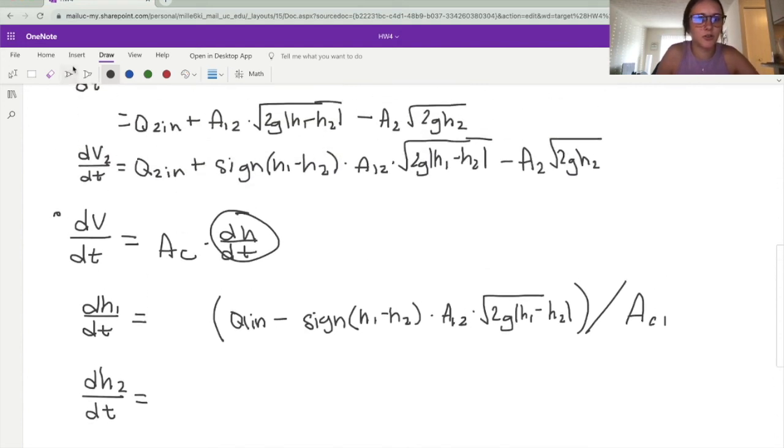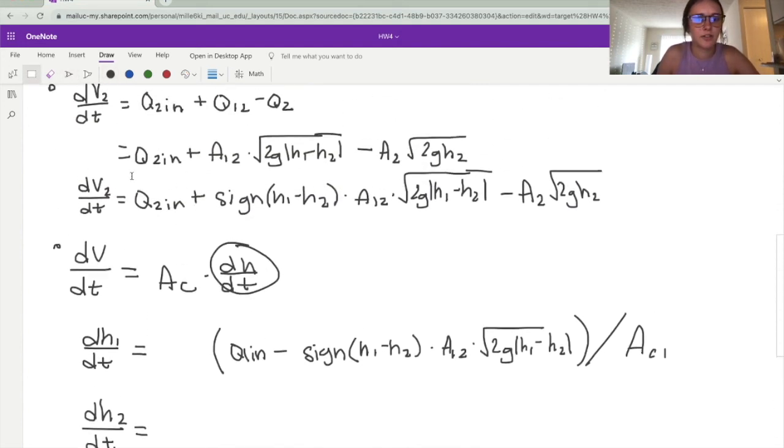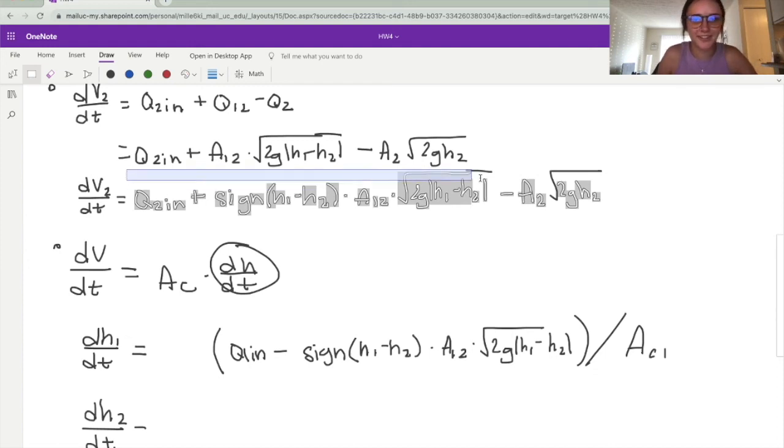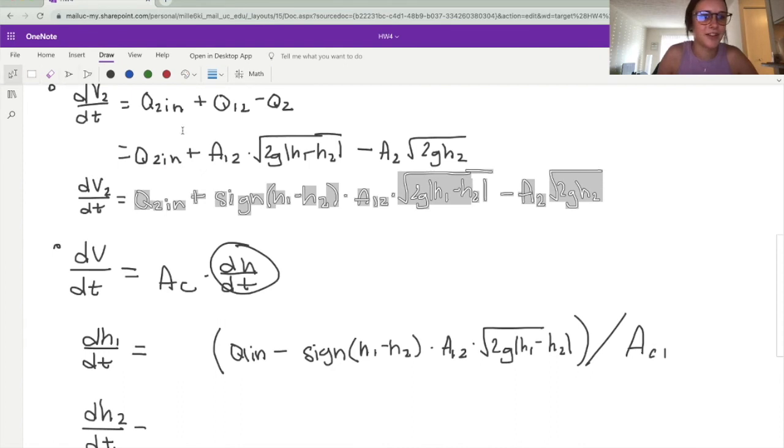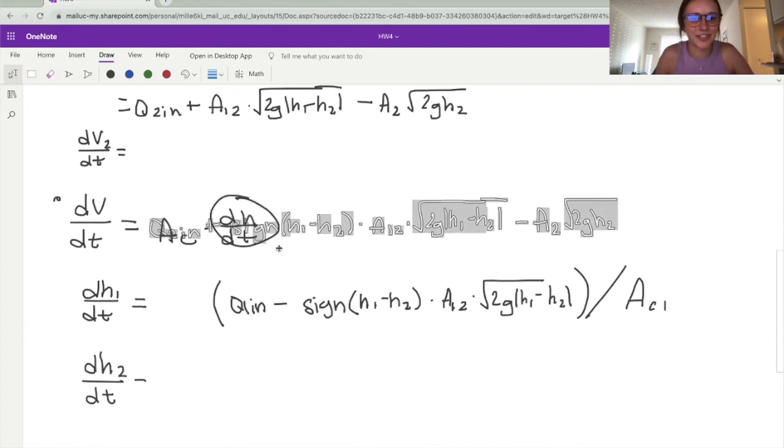We are going to have this equation come down here.